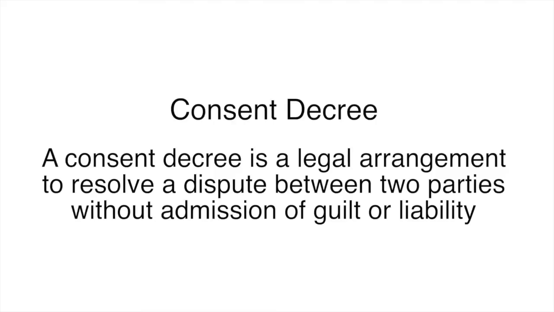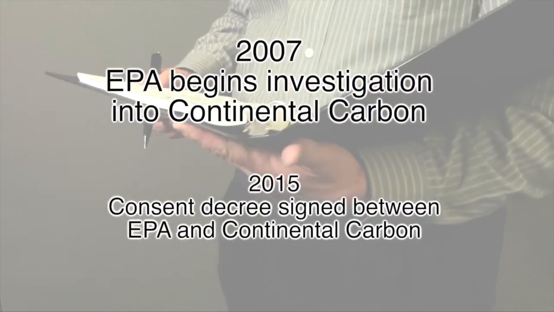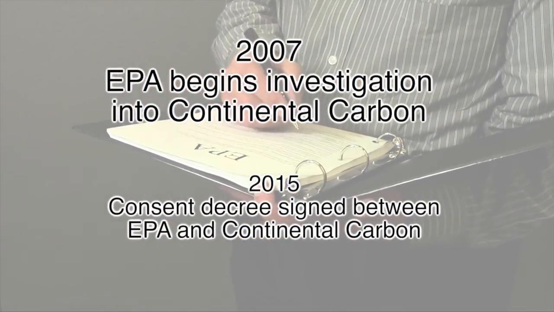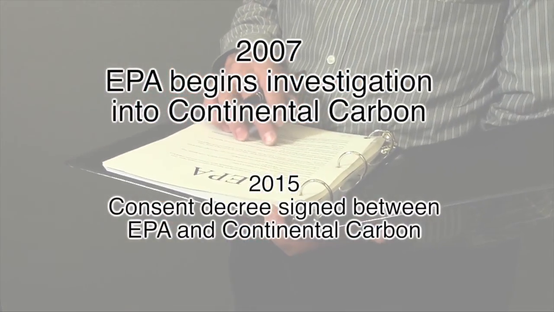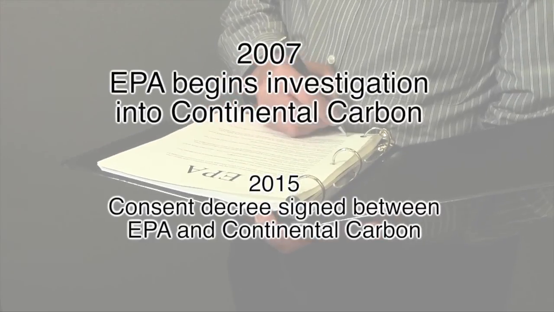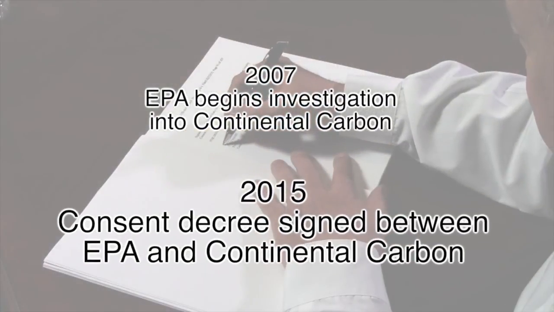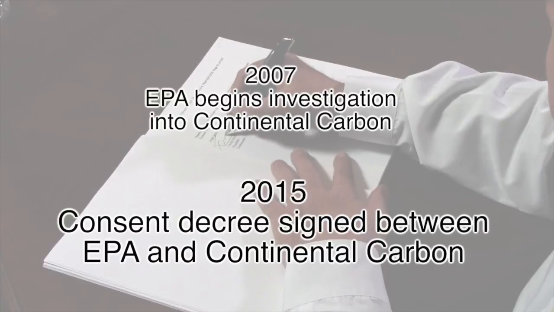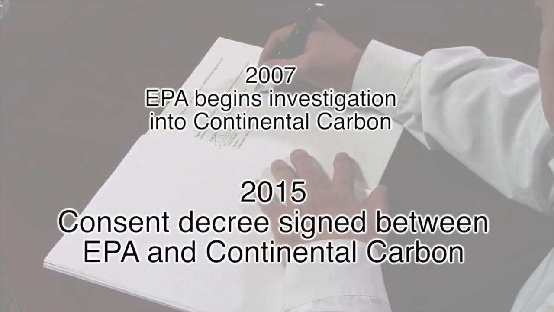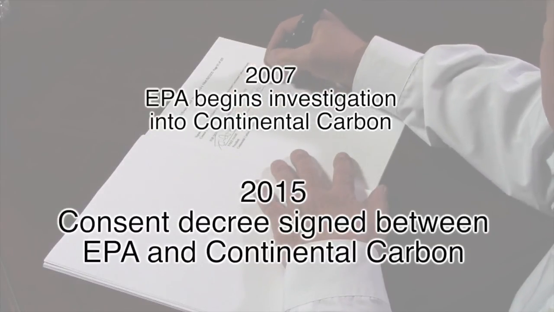Consent decrees are frequently used by federal courts to ensure businesses and industries follow regulatory laws such as environmental regulation. In 2007, the Environmental Protection Agency started an investigation into Continental Carbon, and in 2015, a consent decree was signed between the Environmental Protection Agency and Continental Carbon.